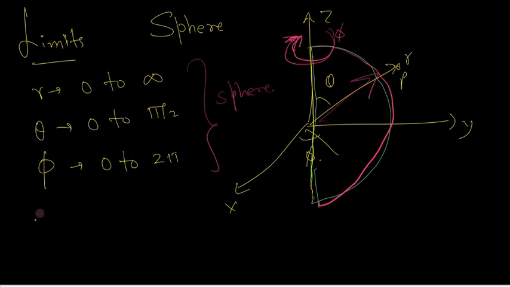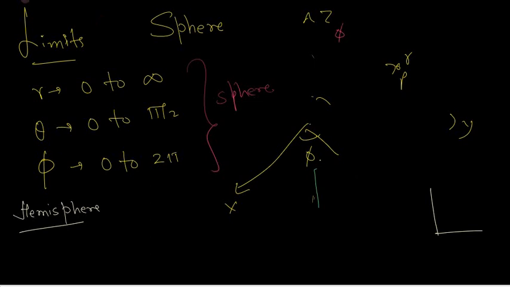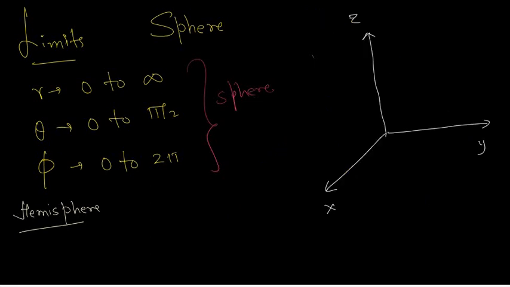So this is for a sphere. If you want to choose a half sphere or hemisphere, then what will the limits be? So for hemisphere, if you want to complete the hemisphere in the same coordinate system, let me erase it and make a newer one. So now you want to make a hemisphere. First choose your r.